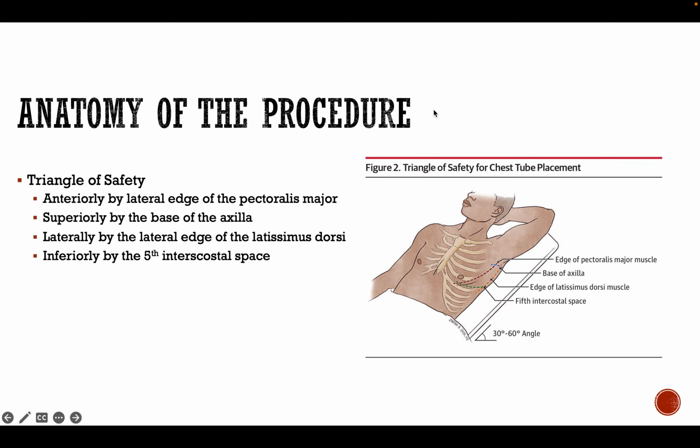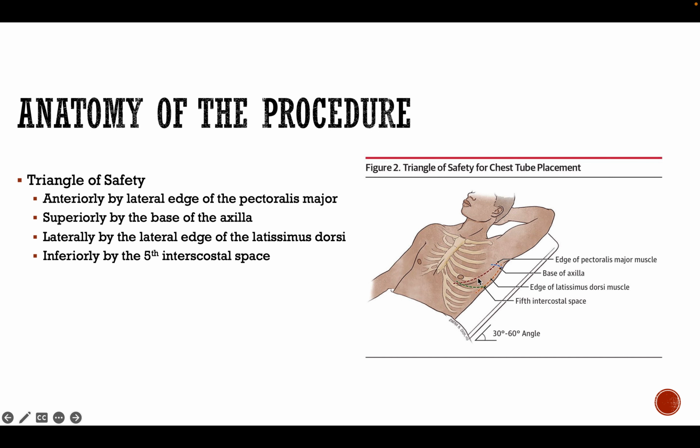The anatomy of the procedure first encompasses an understanding of the triangle of safety. This can be difficult to accomplish in the presence of an emergency with a patient who is both hypotensive and hypoxic, but this is a zone that you can remain in and be confident as you're performing this procedure when the patient is in extremis.